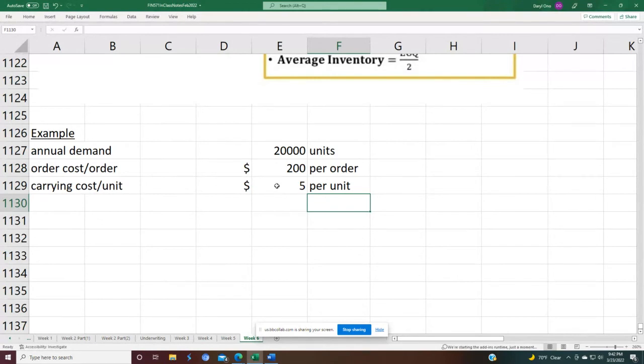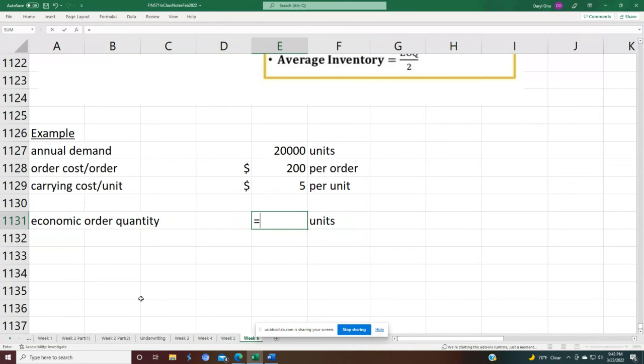Okay, now, these numbers I'm not making up. These numbers are all calculations. So let's put a space here. The economic order quantity, every time we place an order, how many should we order? Okay, so let me do the square root a second.